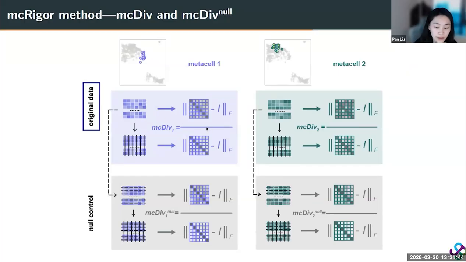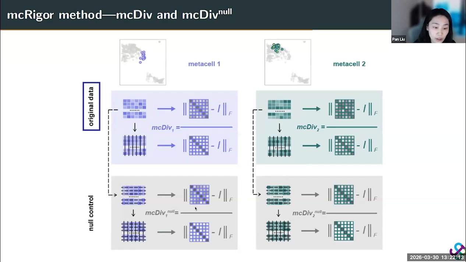Our MCDIV statistic is computed as the Frobenius norm of the difference between the original feature correlation matrix and the identity matrix. And we divide it by the Frobenius norm obtained after within-gene permutation to normalize it, as we just mentioned. So the MCDIV is this part divided by this part.